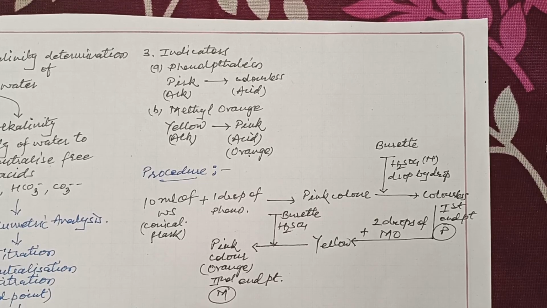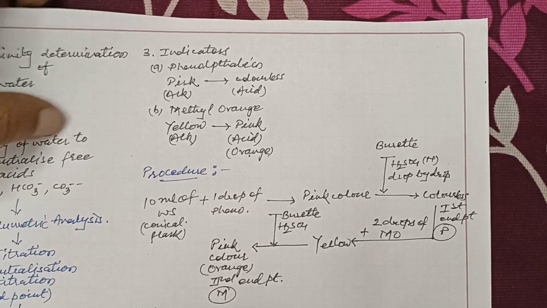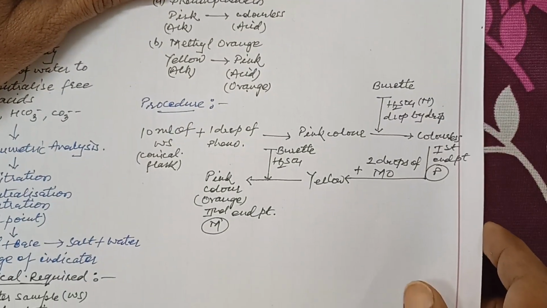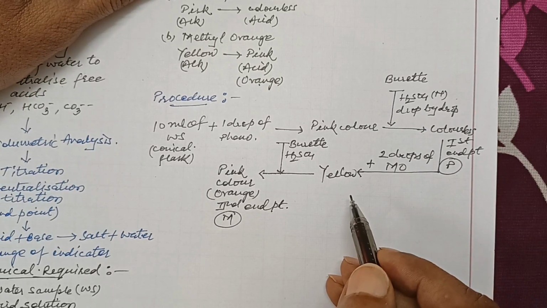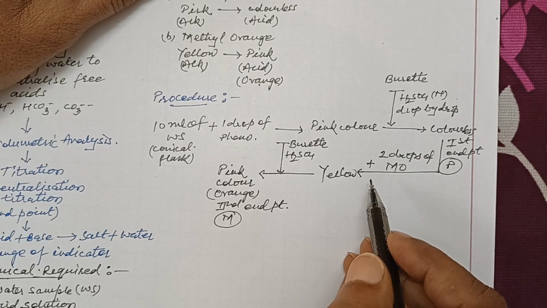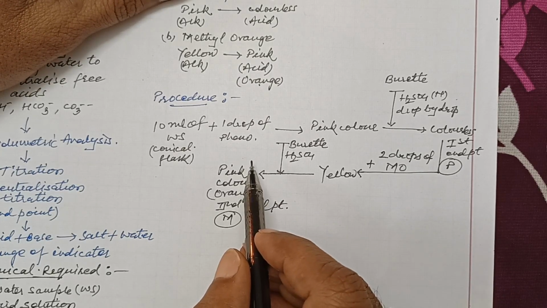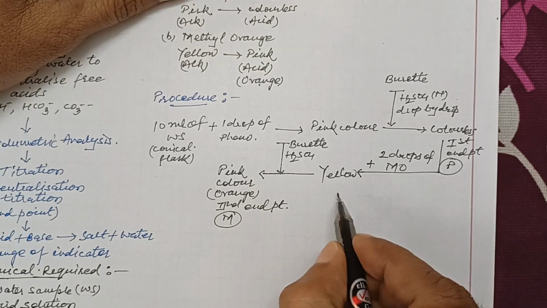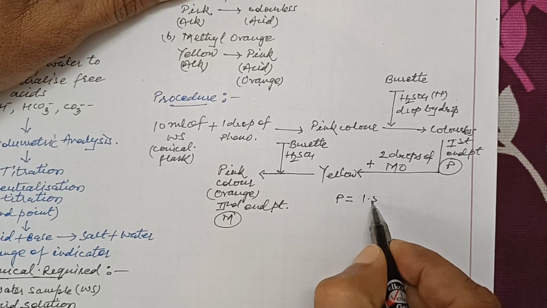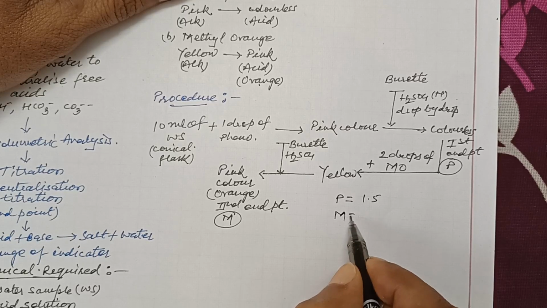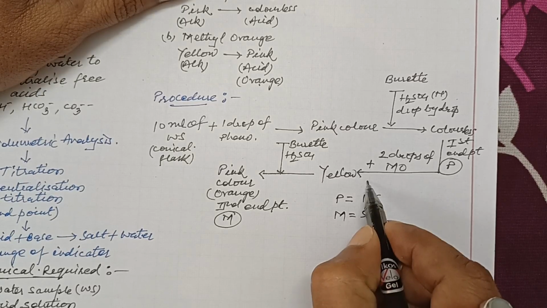Now go for the second step. In the second step, we follow the same procedure as followed in the first step. You have to confirm that both readings come the same as in the first procedure. Suppose we have P as 1.5 and M as 5.0 in the first titration.